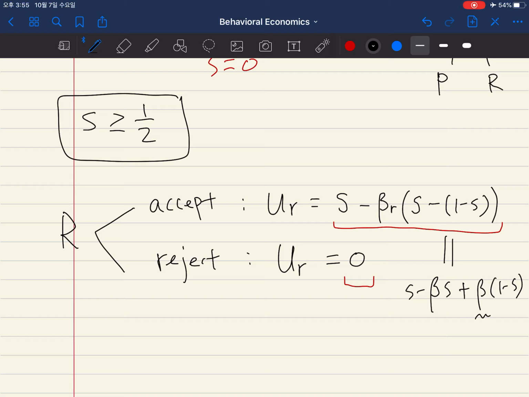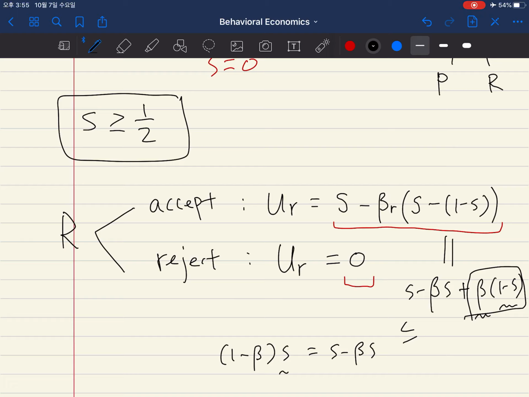Beta is a positive number, and 1 minus S is also a positive number. So if we subtract this number, then our expression gets smaller. And this is equal to 1 minus beta times S.